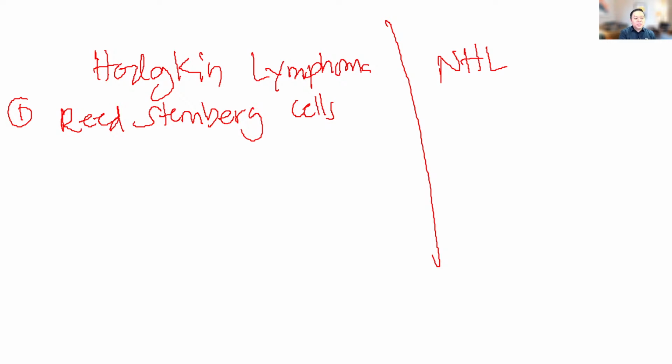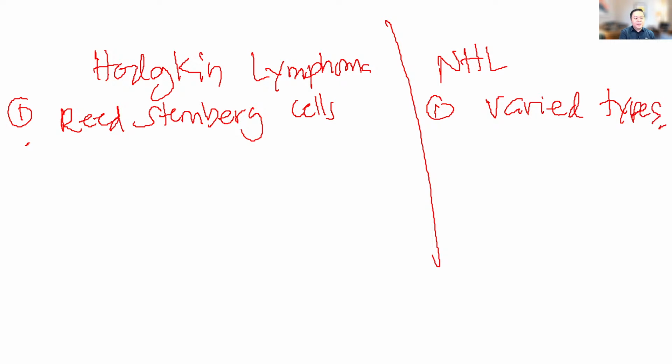Now, talking about the age group here, about the NHL rather. So what do you think about the classification or the characteristic of the cells in the non-Hodgkin lymphoma? Well, there are so many varieties of lymphocyte types.